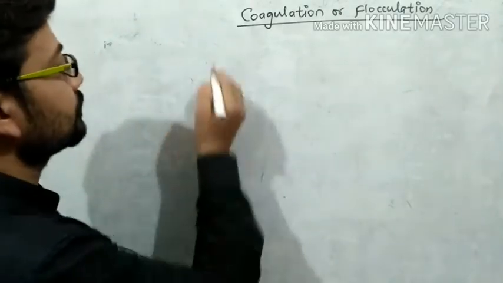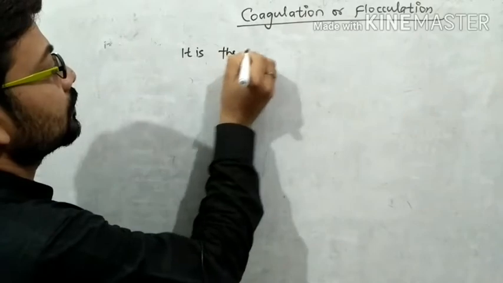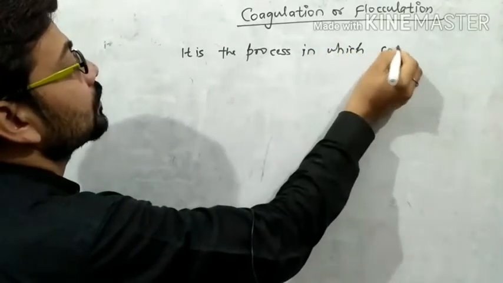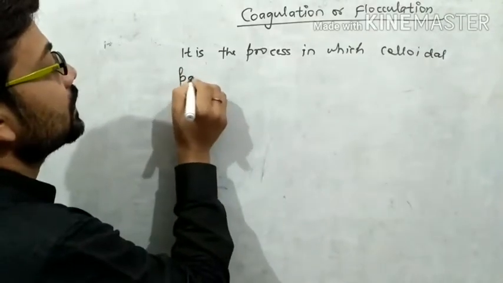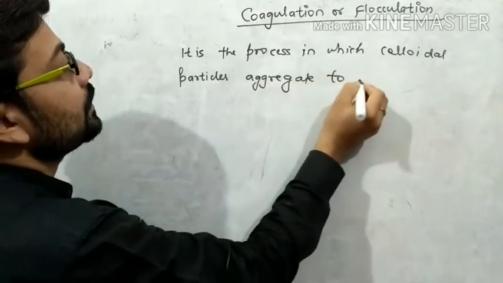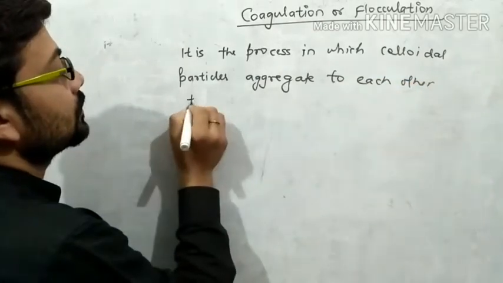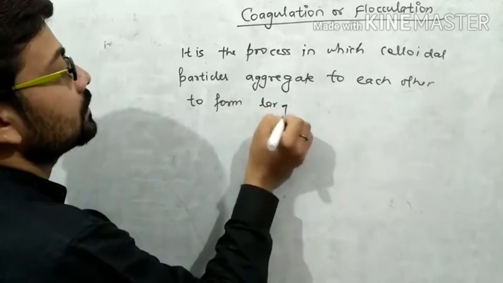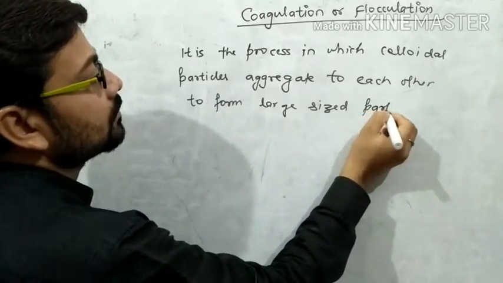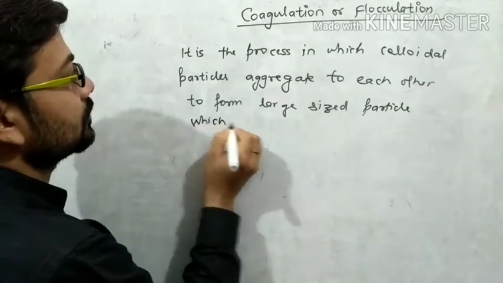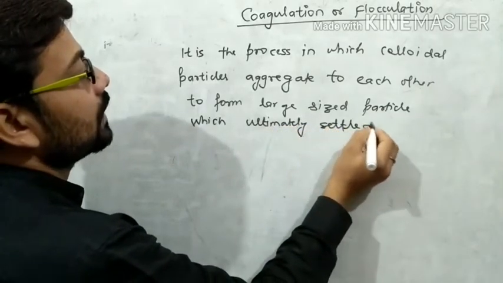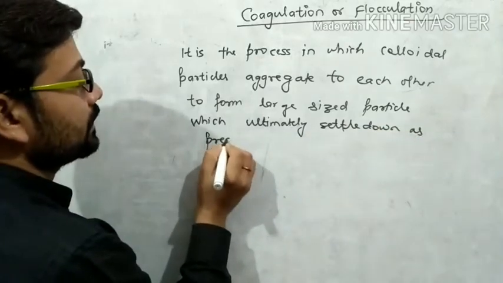So what is coagulation? It is the process in which colloidal particles aggregate to each other to form large sized particles, which ultimately settle down and precipitate.